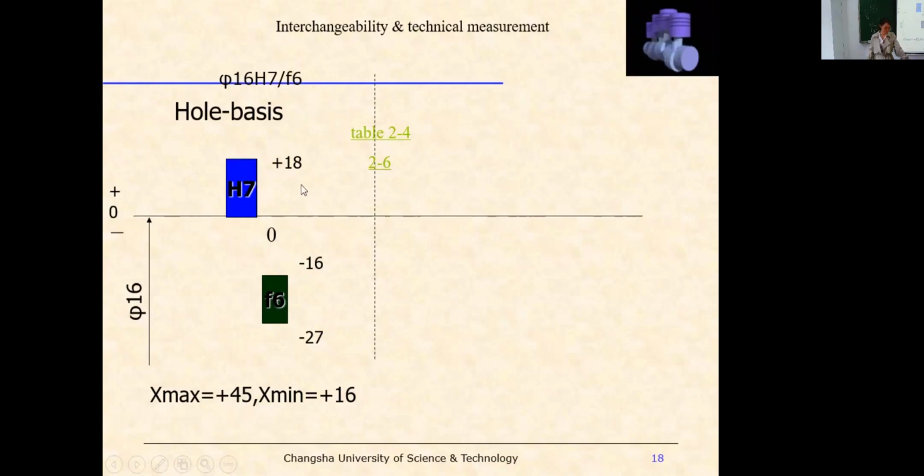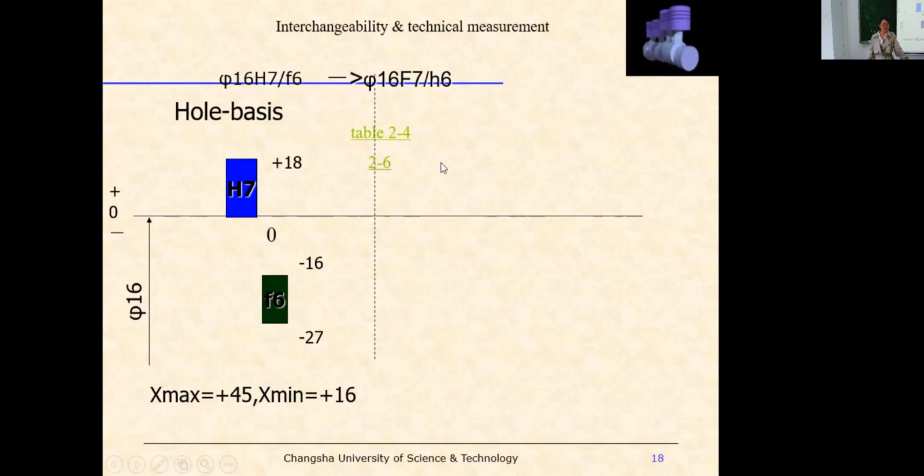It is ES minus EI, with EI being 27. So this is the maximum clearance, and the minimum is here to here, 0 minus 30 in magnitude.